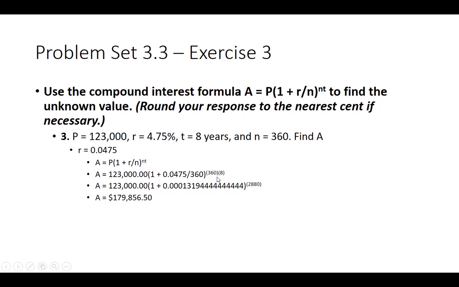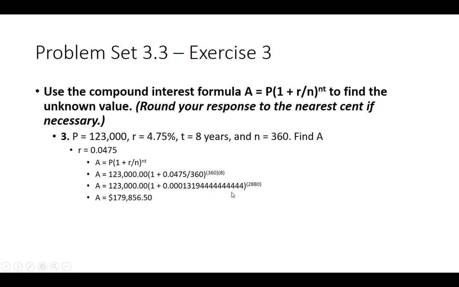First thing we have to do is multiply the exponent. 360 times 8 gives us an exponent of 2,880. We then have to divide 0.0475 by 360, which gives us this nice long number. There's a bunch of 4s. Keep a bunch of 4s. The more 4s, the better.